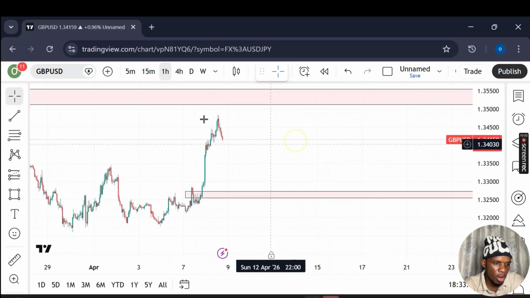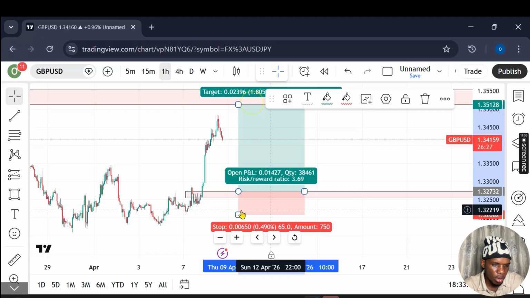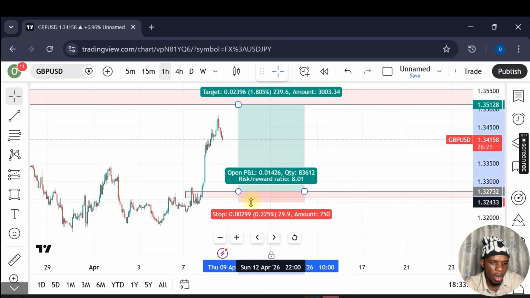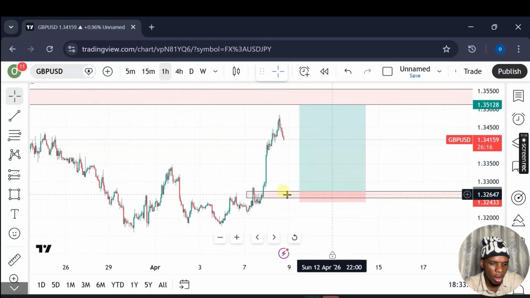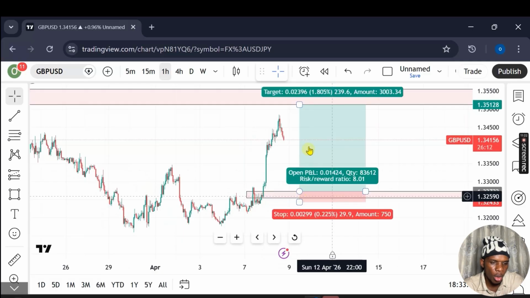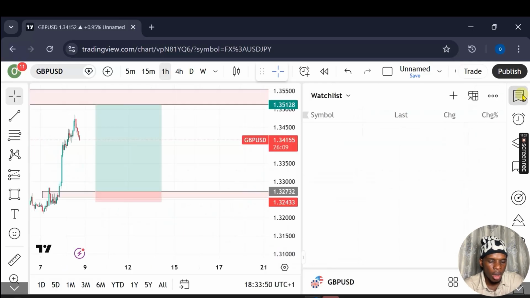So wait for the GBP USD to come down to this area, and you buy. Exactly, you buy to the top. Risk about 25 to 30 pips. If the market comes back to this demand zone, we shoot it to this supply zone upward. So that is all for GBP USD.